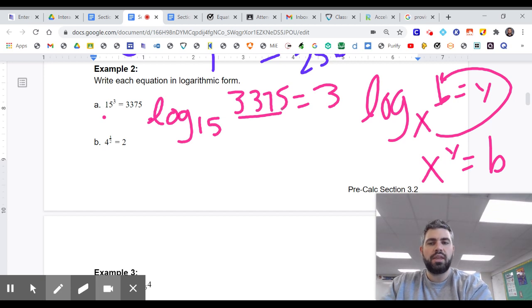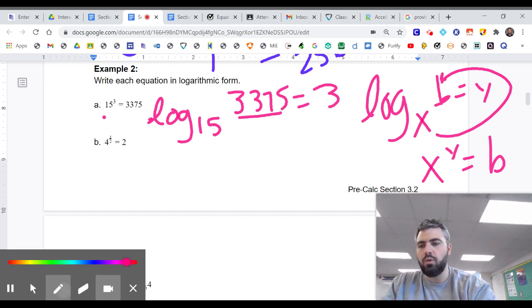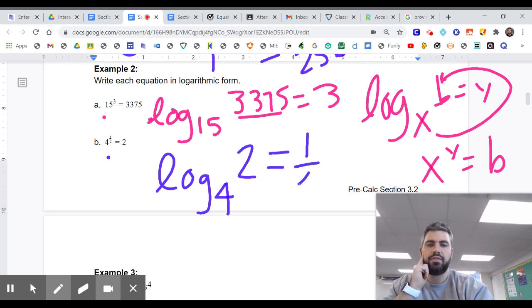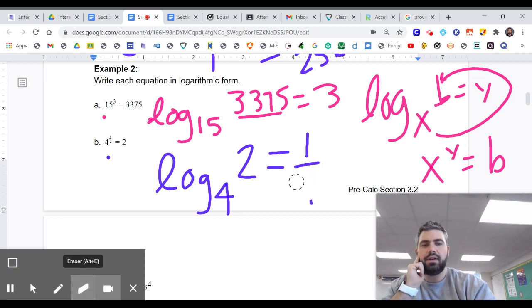You'll see how it works. Looking at the next one, it'd be log base 4 of something, which in our case would be 2, equals 1/2. Oops, I said 1/2 but I wrote 1/4.